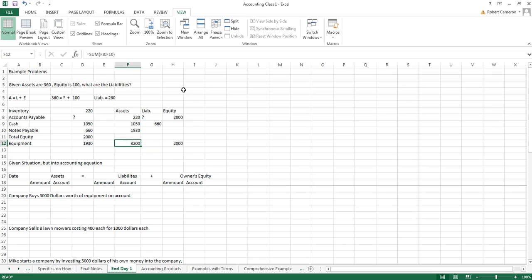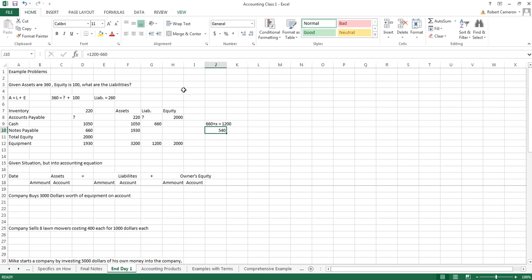So 3,200 minus 2,000 is 1,200. And so 660 plus X equals 1,200, or 1,200 minus 660 is X.